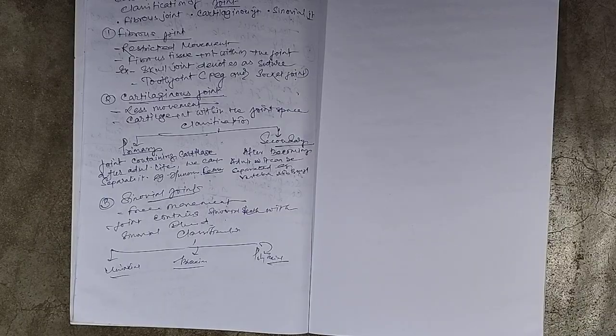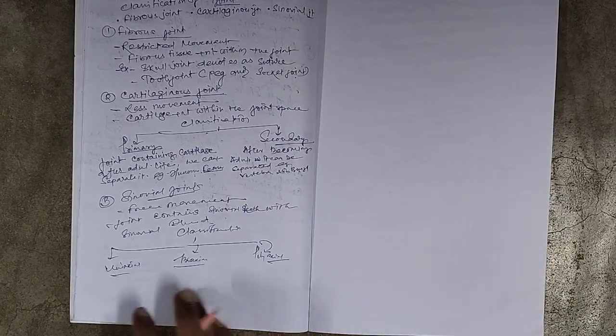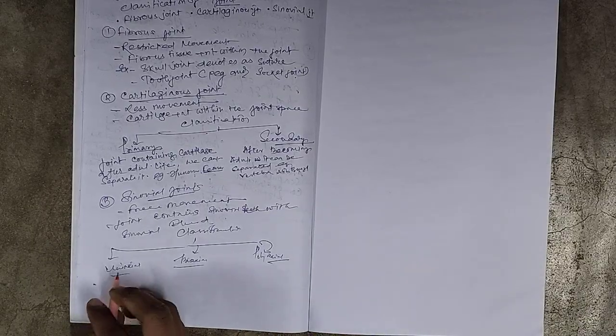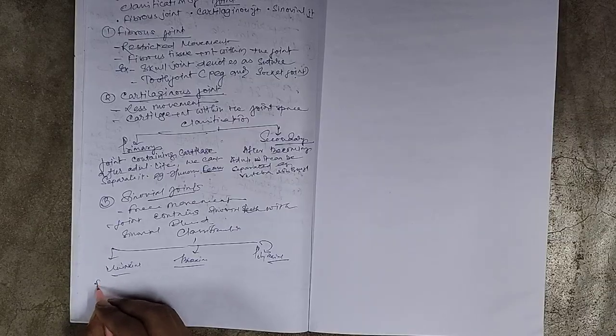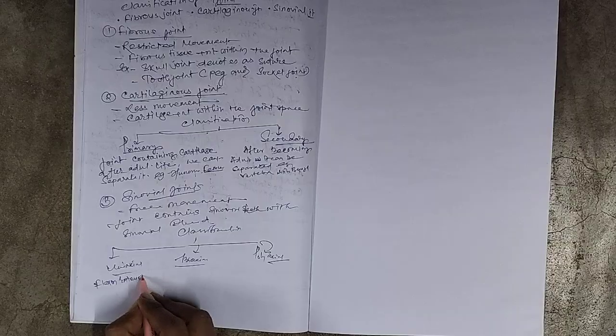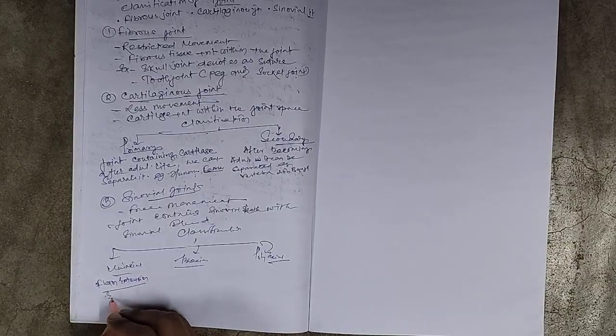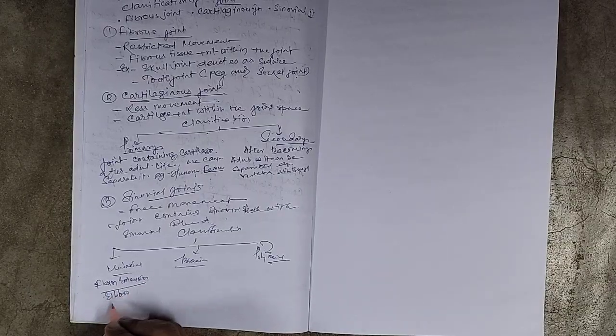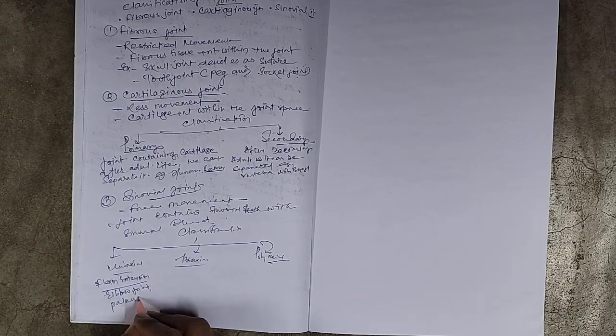The uniaxial synovial joints have the functions of flexion and extension. Examples: elbow joint and phalanges.